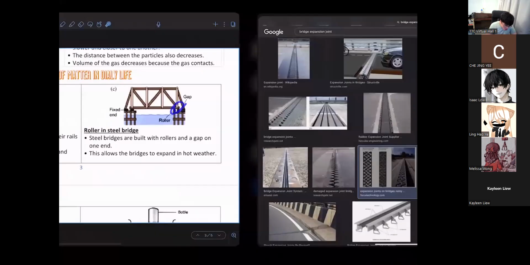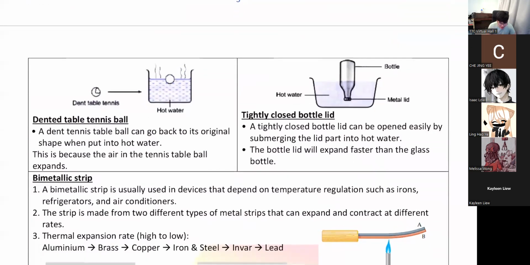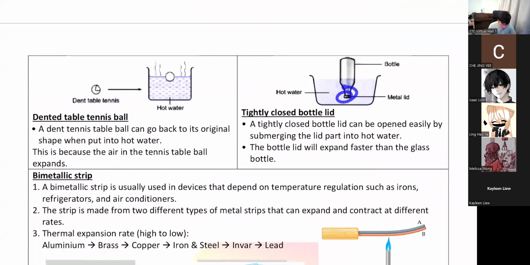Anyway, this is your bridge, and then you have your dented tennis ball. Do you know you can do this? But of course, it doesn't return to the original shape. Your ping pong ball just looks a little bit messed up, but at least you can use it. And this is the same thing: you want to open your tightly closed bottle lid.